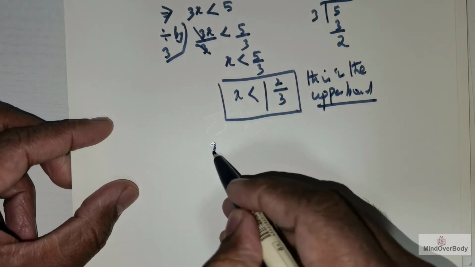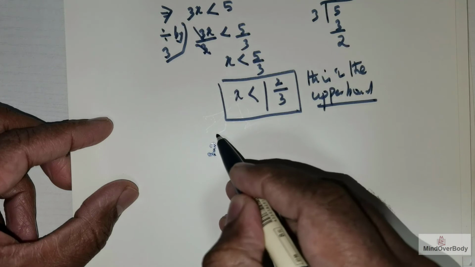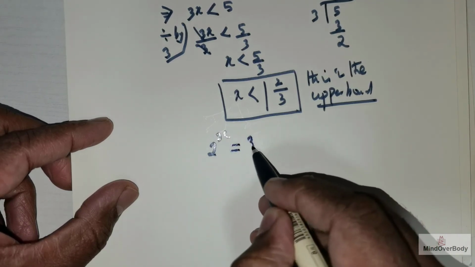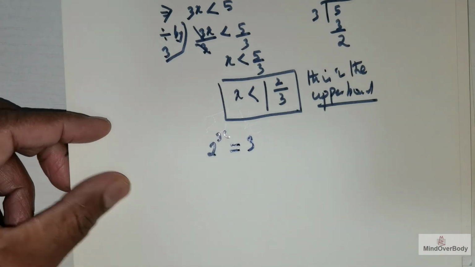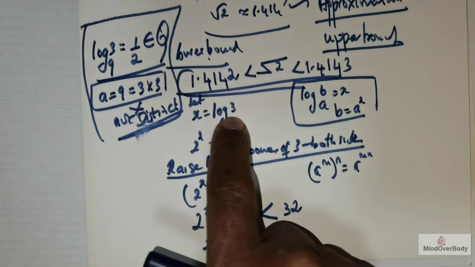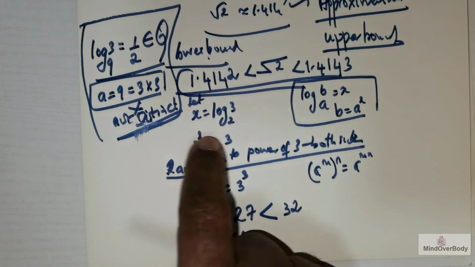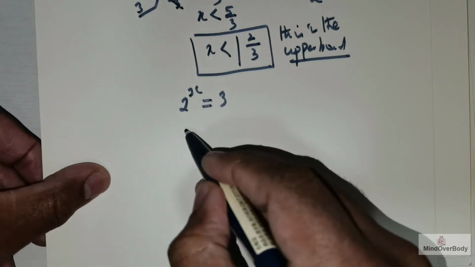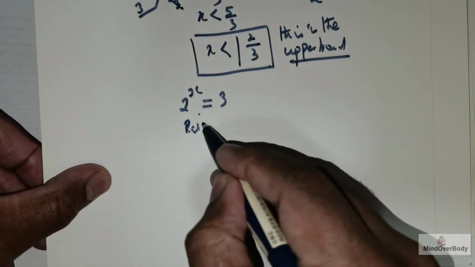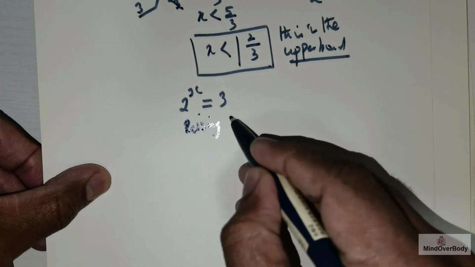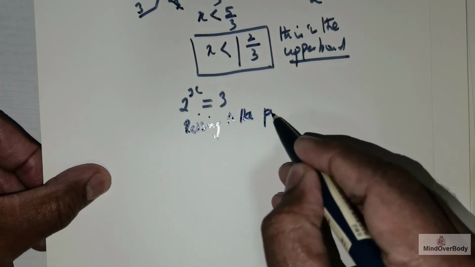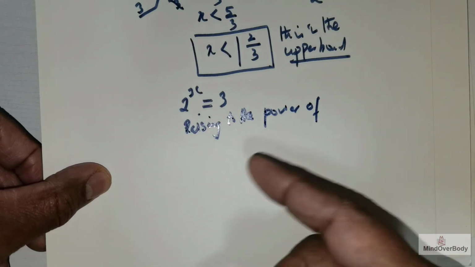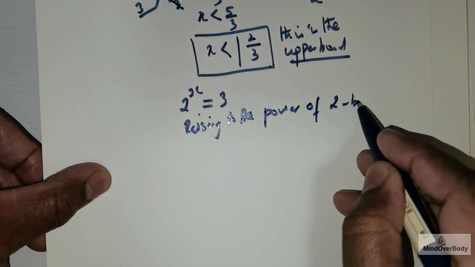Clearly we have that 2 raised to the power x is equal to 3. This is what we obtained in the beginning. x is equal to log 3 to the base 2, which I'm rewriting as 2 raised to the power x is equal to 3. From this fact, I'm going to raise both quantities to the power of 2, both sides.